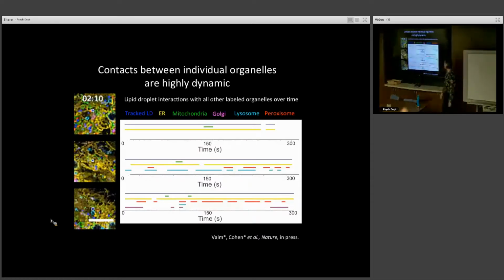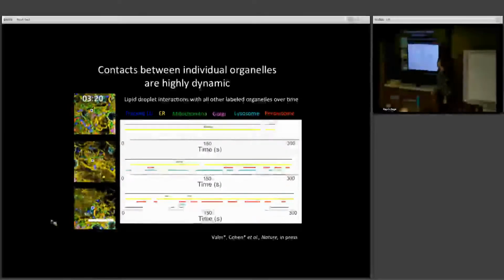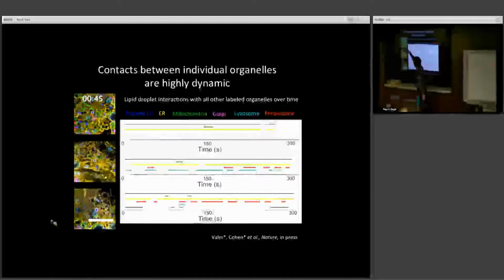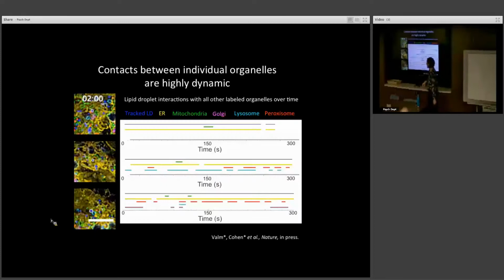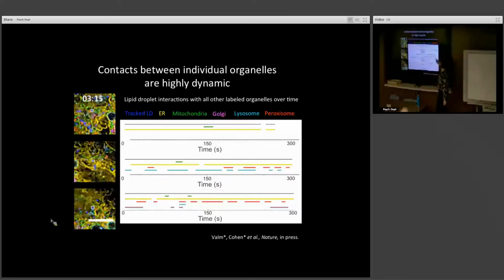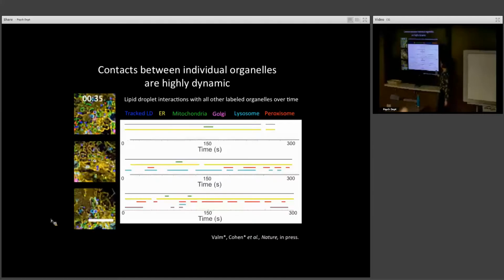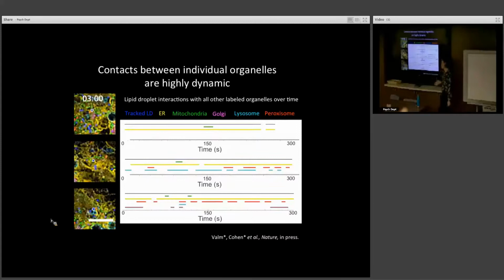And we use this to track lipid droplets. So in these movies, the lipid droplet that's being tracked on the left is outlined in white, and a blue line here means that the lipid droplet was successfully tracked, and a colored line means that it was within 1 pixel, or about 100 nanometers, of the indicated organelle.